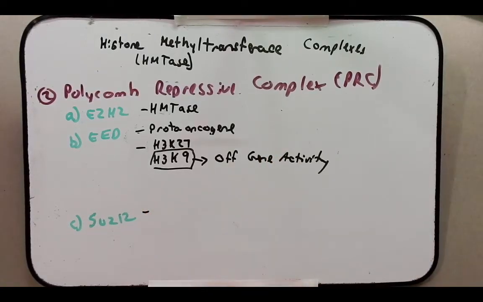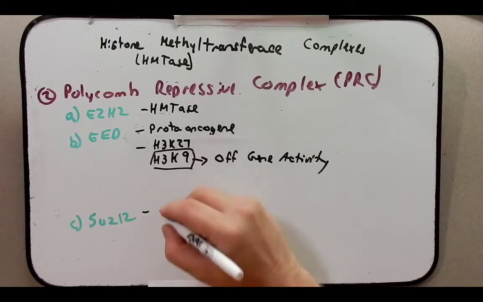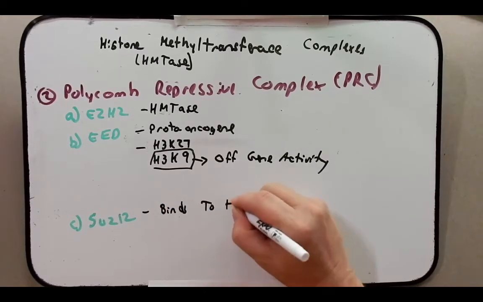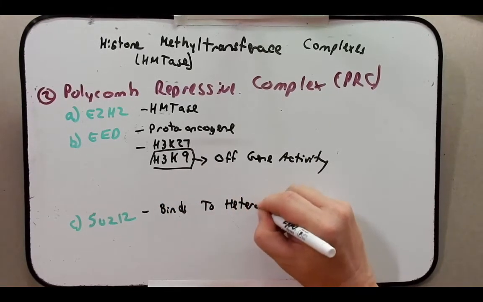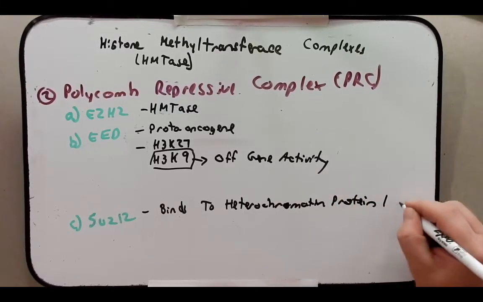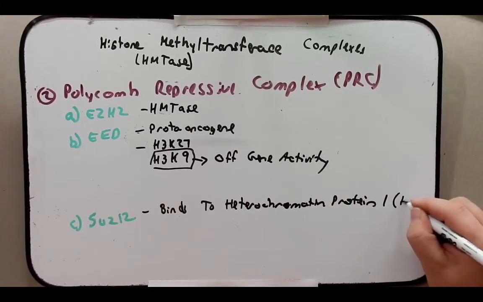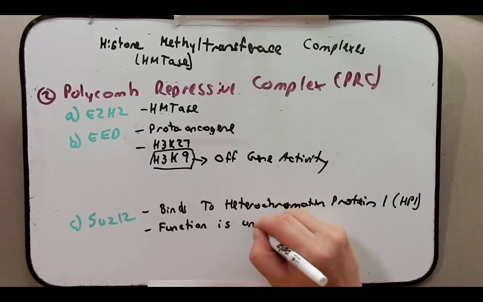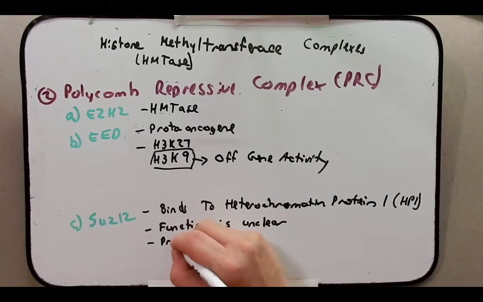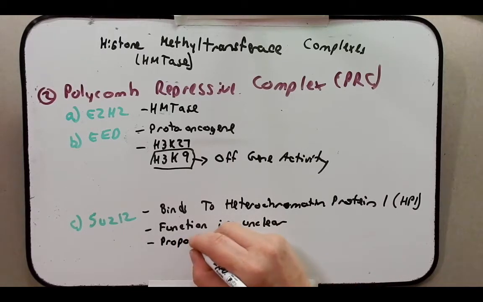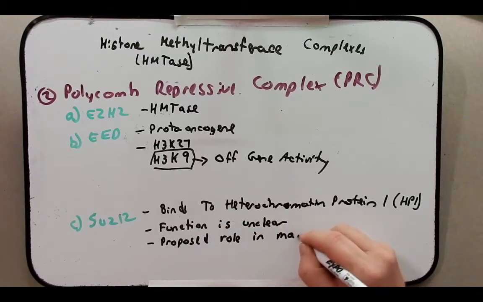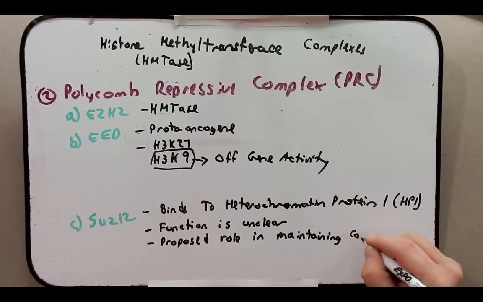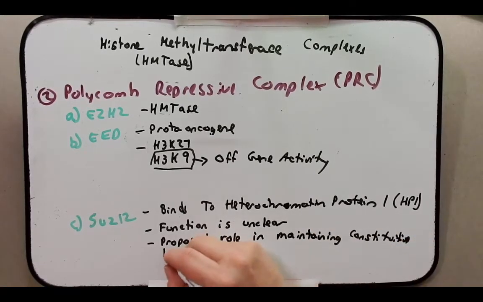Next, I want to talk about this third protein called SUZ12. It binds to heterochromatin protein 1, or HP1. By and large, its function is unclear, though we believe, because of its association with heterochromatin, that its proposed role is maintaining constitutive chromatin, heterochromatin.